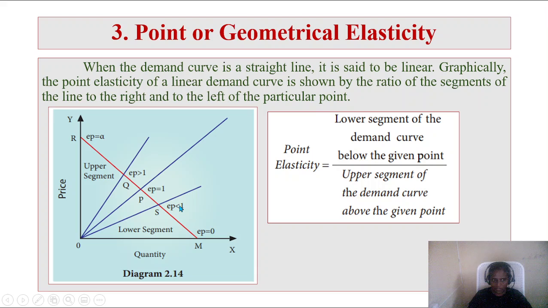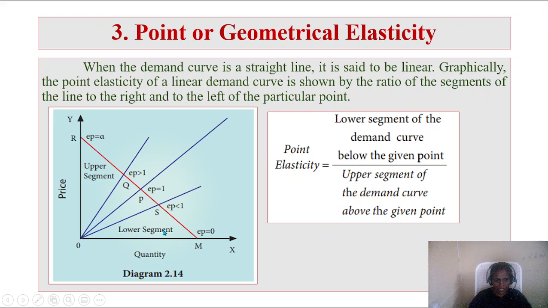Now we are going to see one more important concept with the help of this diagram. The point which lies below the S point and above the Q point gives two situations, and that is point elasticity. Point elasticity is the lower segment of the demand curve which is below the given point.